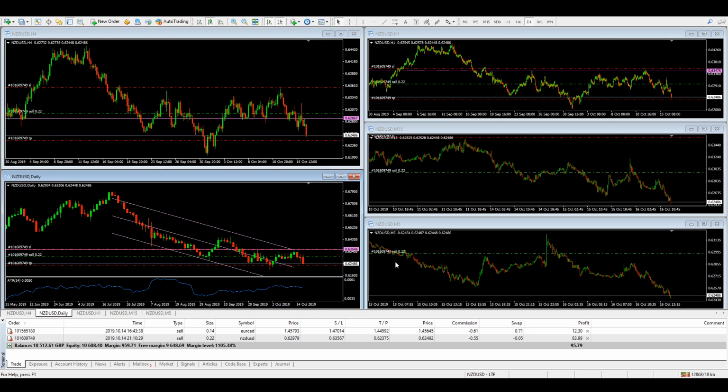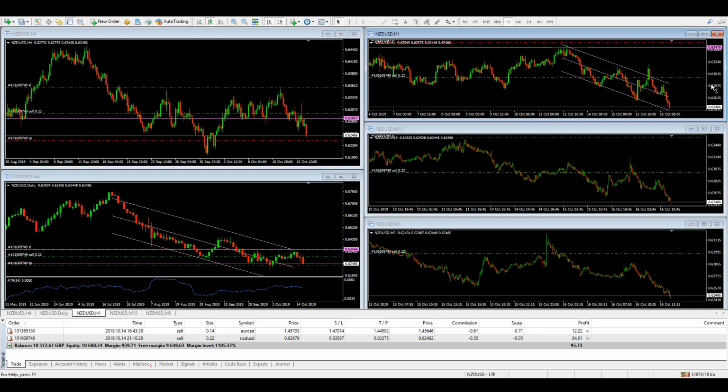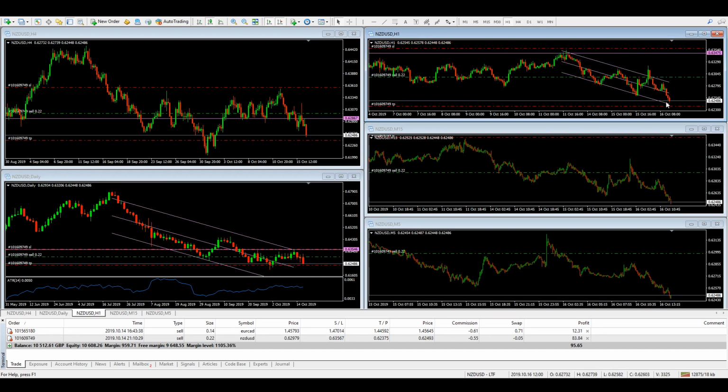If it doesn't, then yeah, I'm just using this price action now to guide my decision making. So you can see the price now based on the hourly is coming into quite an oversold area, based on the standard deviation. So there's a good likelihood it will probably just come very, very close to my take profit and reverse.